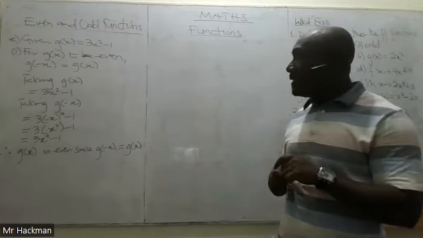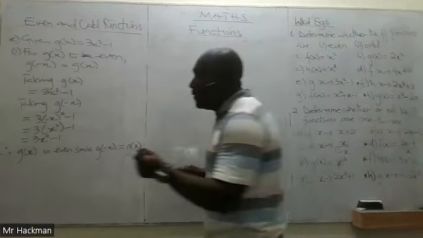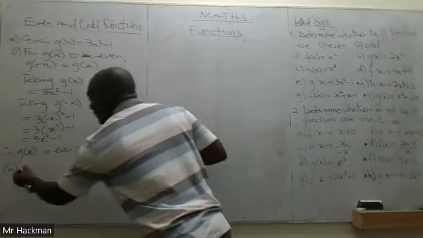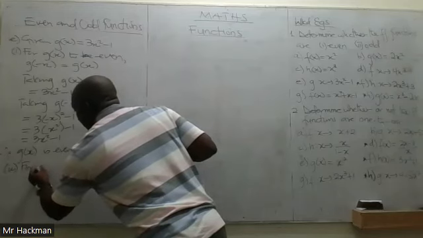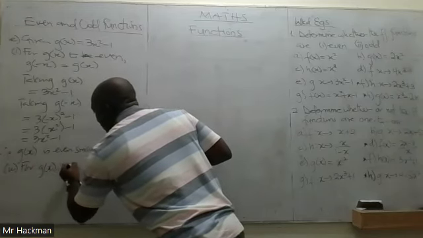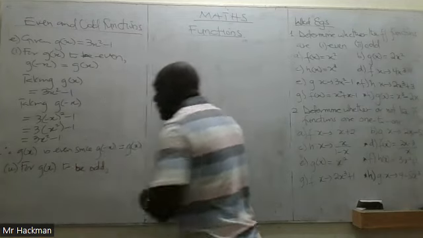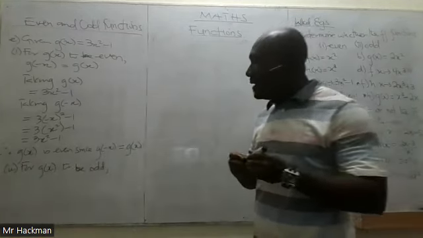Okay, so this will be it for the I. Now we move on to II. For g of x to be odd, please, what is the condition? Can someone tell me the condition?